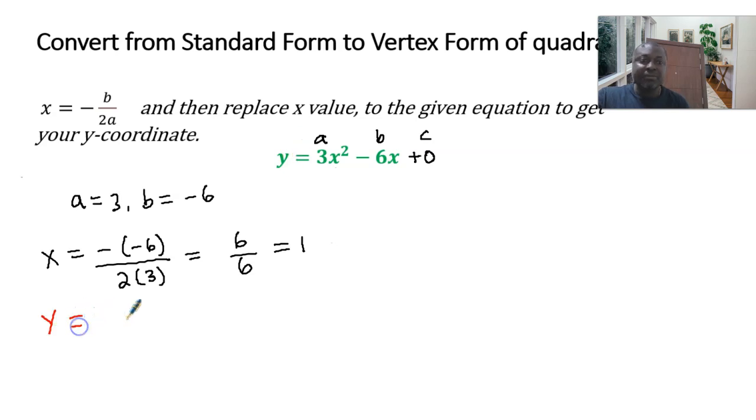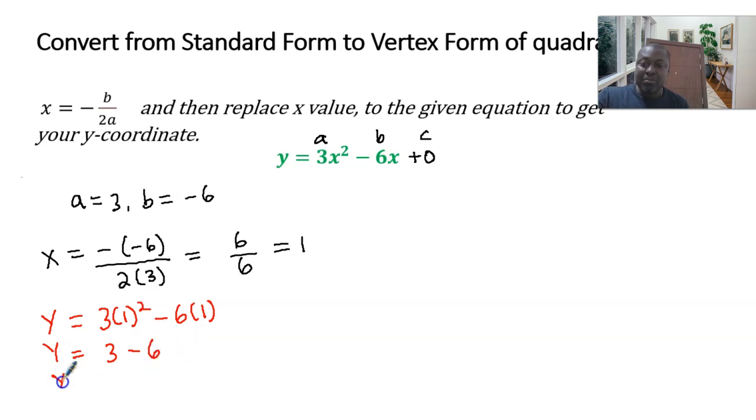When we do that, we get y is equal to 3 times 1 all squared minus 6 times 1. 1 squared is 1. 1 times 3 is 3. And -6 times 1 is -6.